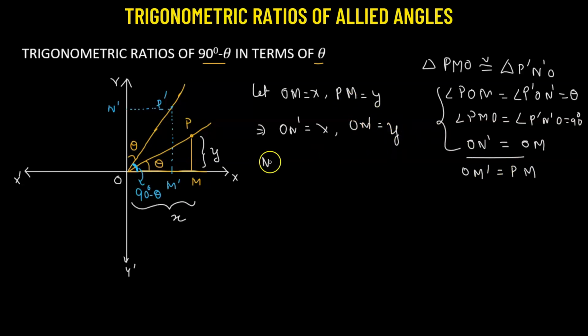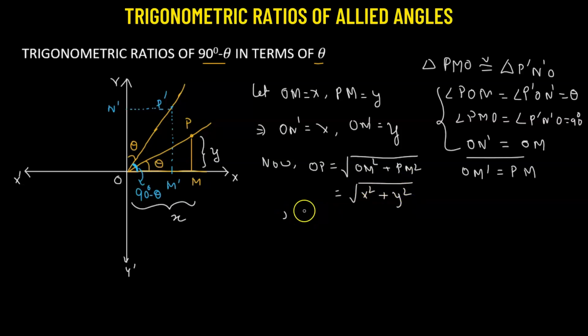Now let's define the distance OP as well as OP prime. OP is defined as the square root of OM squared plus PM squared, by using the Pythagoras theorem. So OP is the square root of X squared plus Y squared. And we have OP prime. For this we're going to consider the triangle OP prime N prime.